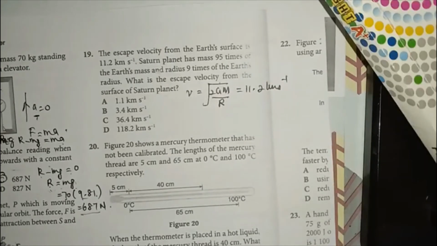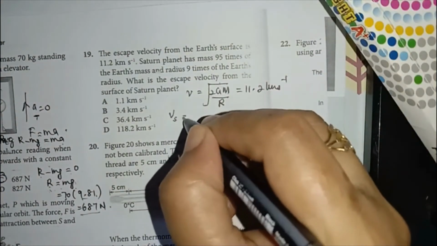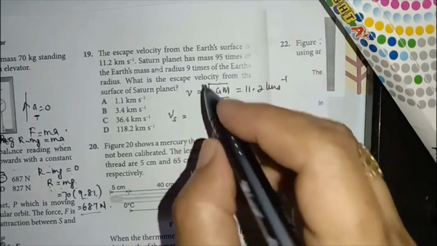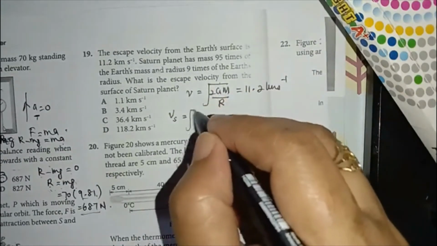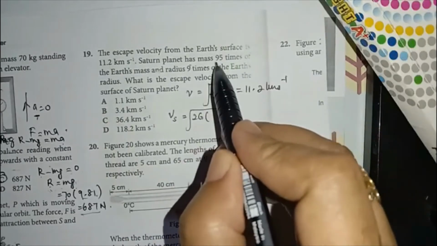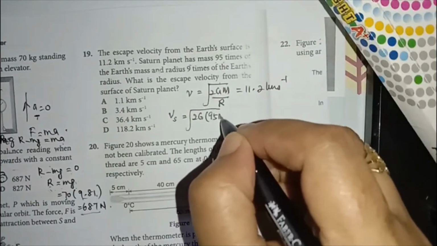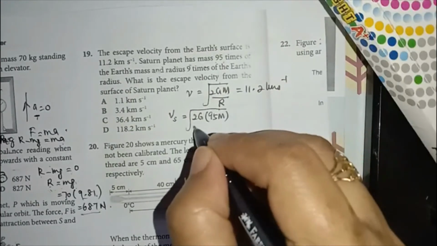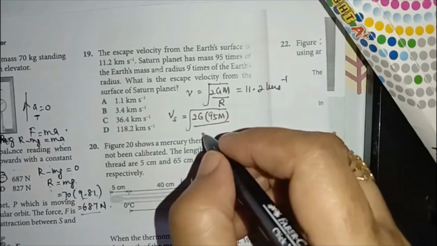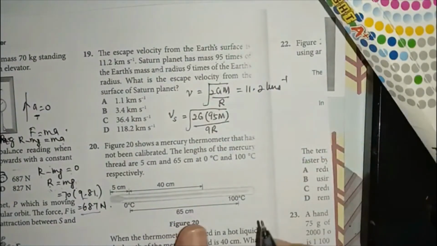So for Saturn, we can calculate v for Saturn equals square root of 2G, the mass is 95 times, so you just put 95 M, where capital M is the mass of the Earth, and the r equals 9 r, the radius of the Earth.